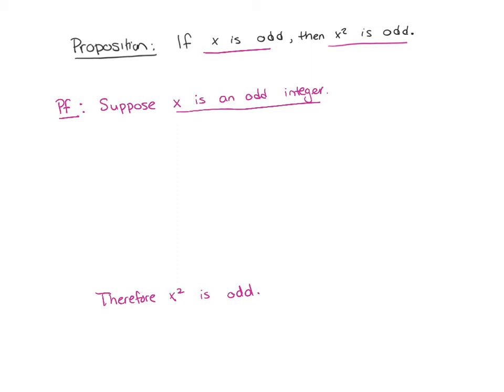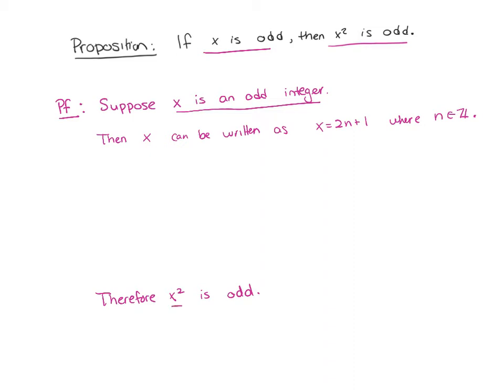So we'll say then, because it's odd, x can be written as x equals 2n plus 1, where n is an integer. That's what it means for x to be odd. It can be written as 2n plus 1 for some integer n.